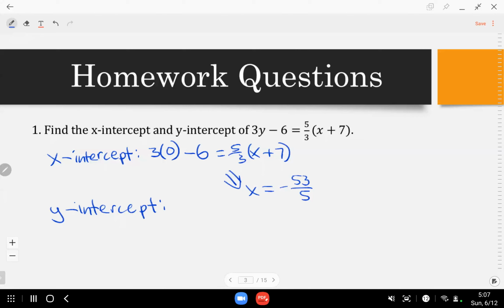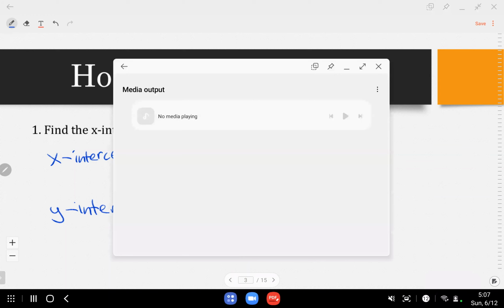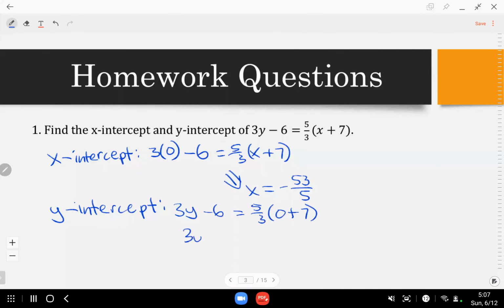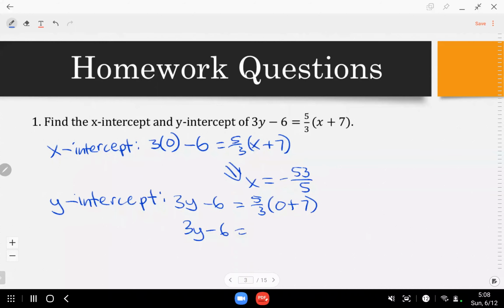For the y-intercept, we have to pretend that x is 0, so 3y minus 6 equals 5/3 times 0 plus 35/3. That just means 3y minus 6 equals 35 over 3. And then after that, move the 6 to the other side.